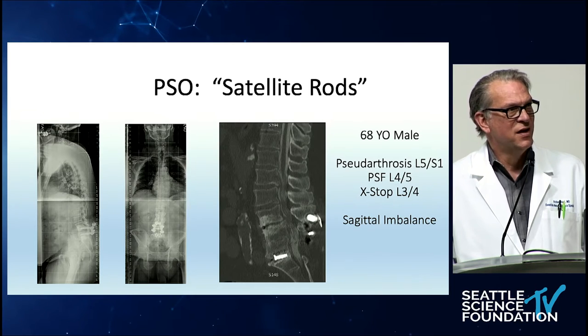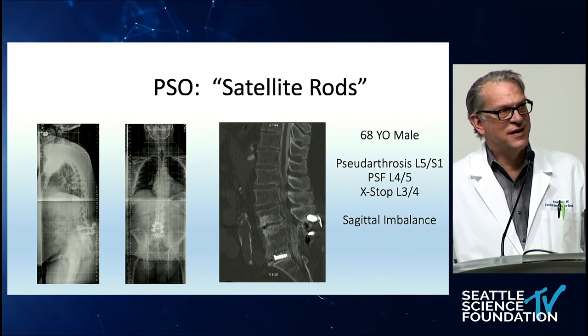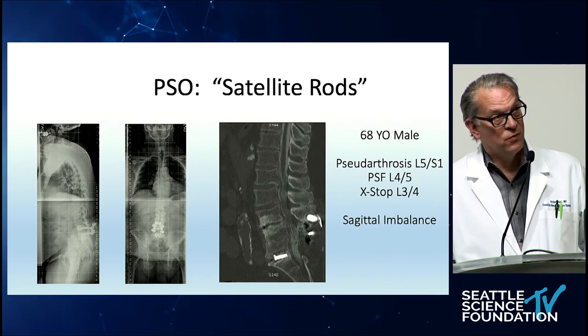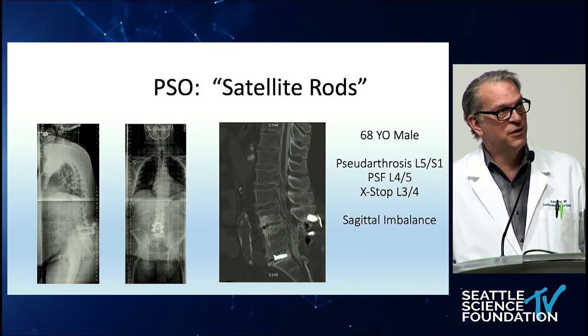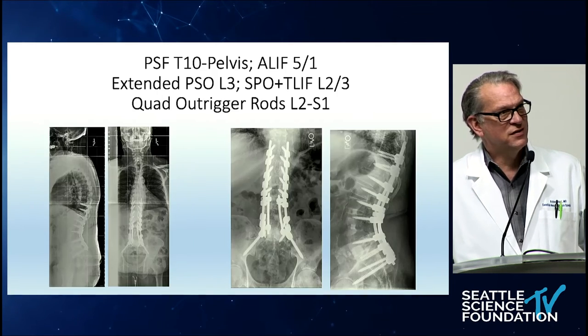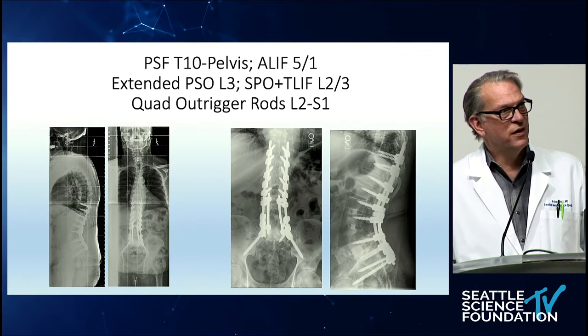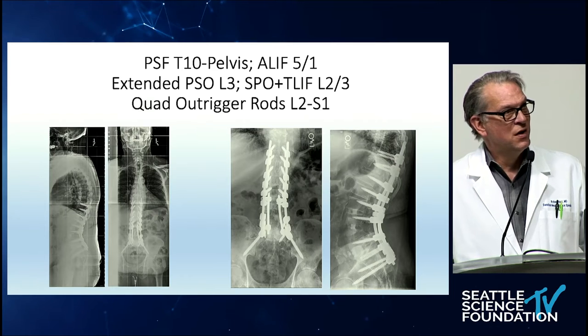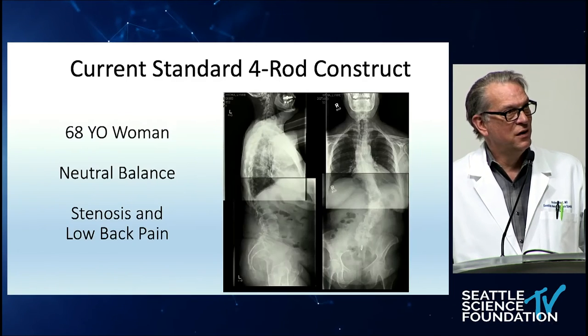This is actually not an example of that, but the classic example of where that's useful is in a PSO, where you do the PSO and lay short rods across the PSO as you compress and get your correction, and then lay longer rods that don't connect to those rods but span the overall alignment. In this case, I did something slightly different, and I would have done it with the technique I just described today. But at that time, these are actually outrigger rods that were placed above and below the PSO, attached to the primary central rods.